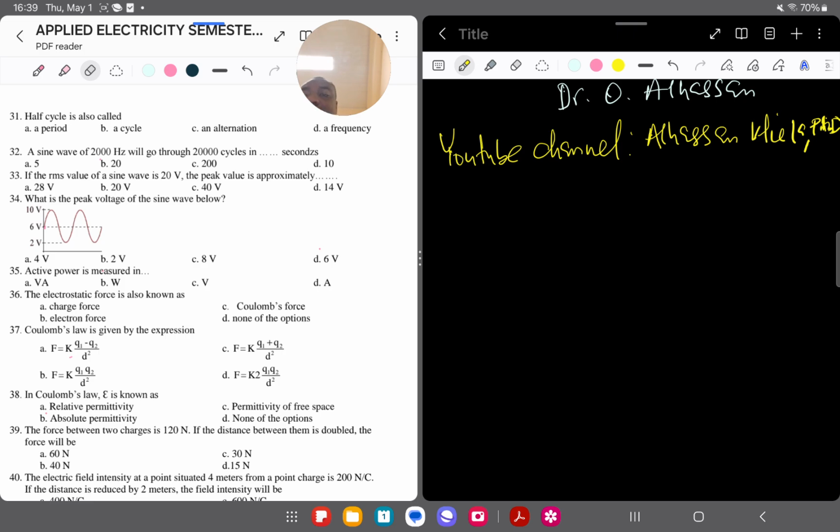Half a cycle is called: A, a period; B, a cycle; C, an alternation; D, a frequency. So when we talk about half a cycle, we know that if you have, for example, a sine wave, right? Let me use a different color.